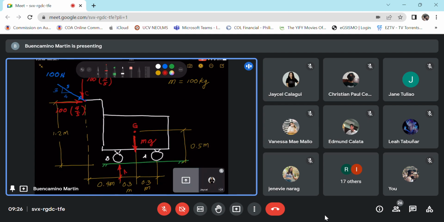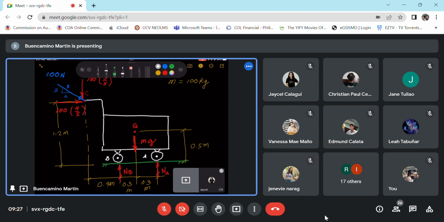Say, this is normal reaction at B, and this is normal reaction at A. Now, wala tayong friction force because it is idealized that these pairs of wheels are frictionless. Yan yung wheel ng car natin. So, we assume that we have 4 wheels, dalawa sa B, saka dalawa sa A. And we're going to determine the reactions on this pair of wheels.